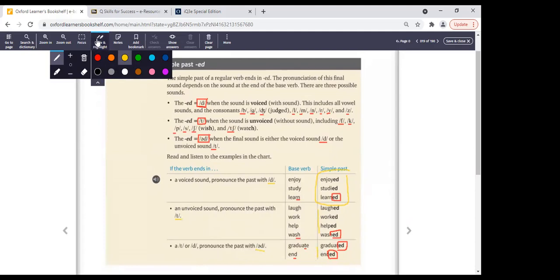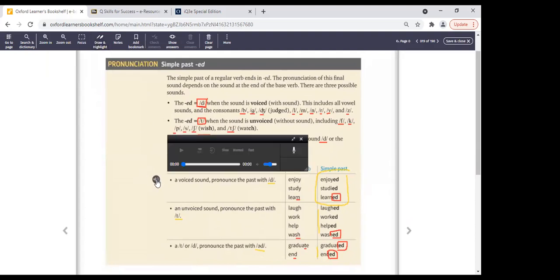Okay, so let's listen to that. Why is it not loading?